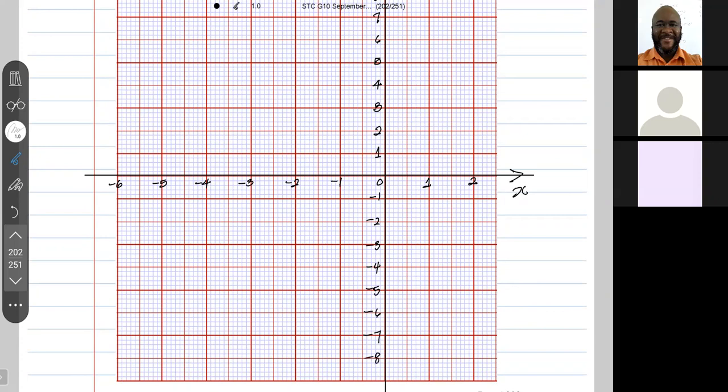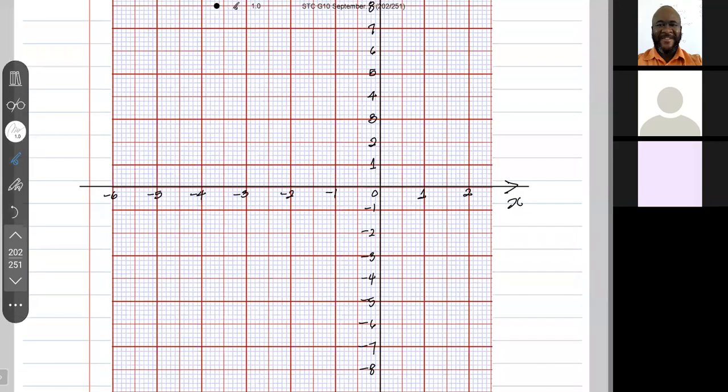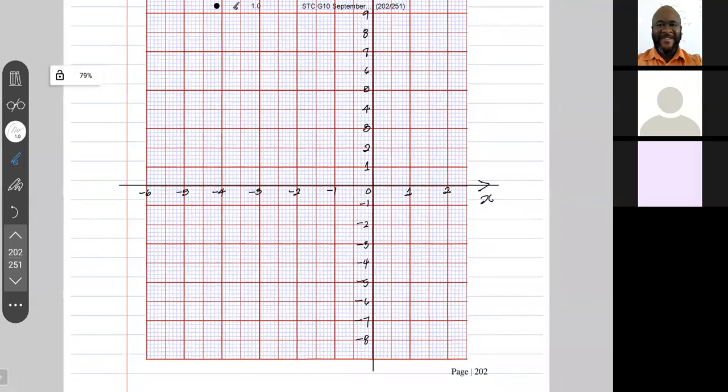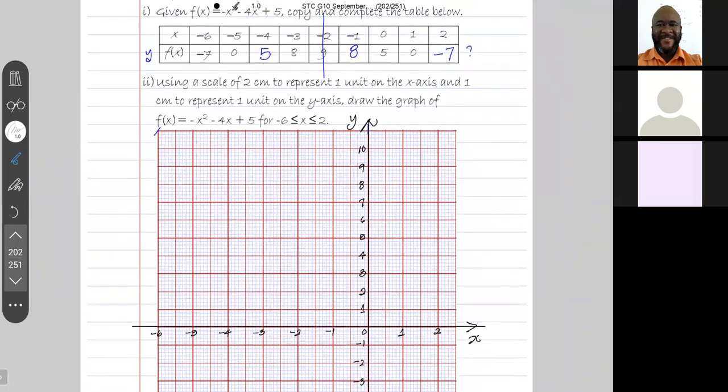And down by the bottom, my graph needs to reach at least -7. So now the points are -7, -6. So that will put me about here.